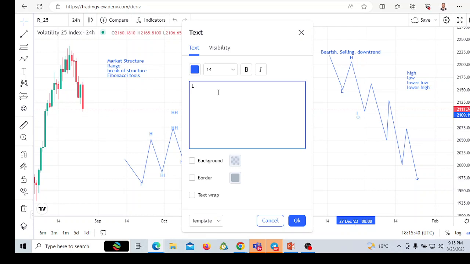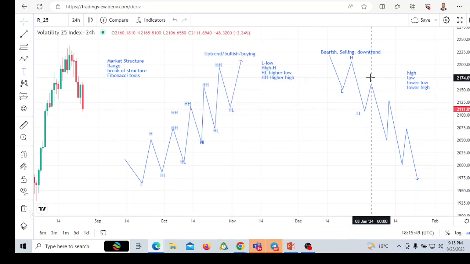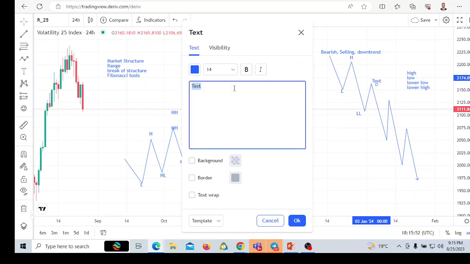Then it came and gave us a lower high. I hope I am not losing us. Lower high, okay? I'm not losing anyone.